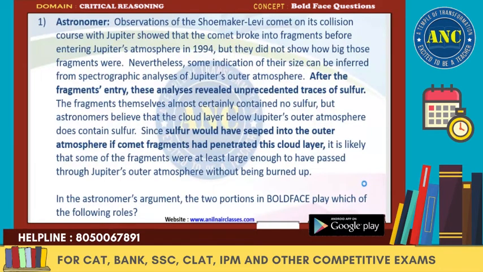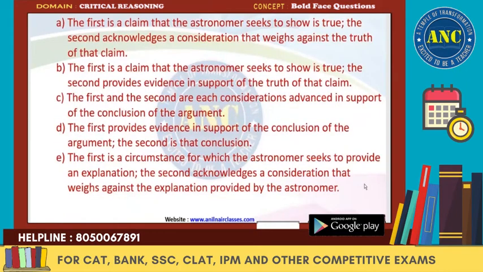Now, what does this particular bold statement say? That it can be a consideration that the author is trying to prove something, right? And what does the second statement say? It says, sulfur would have seeped into the outer atmosphere if comet fragments had penetrated this cloud layer. And the second bold statement is definitely not a conclusion. So let us look at the options.